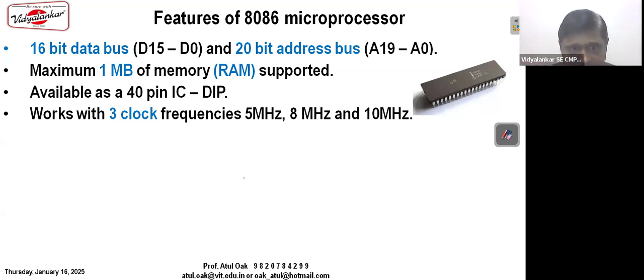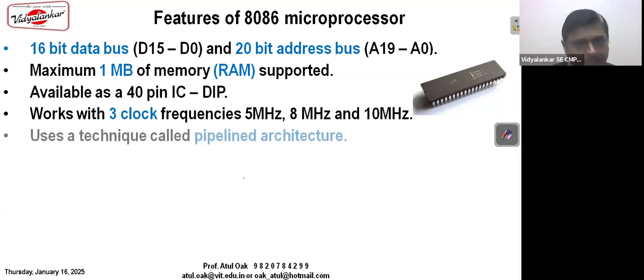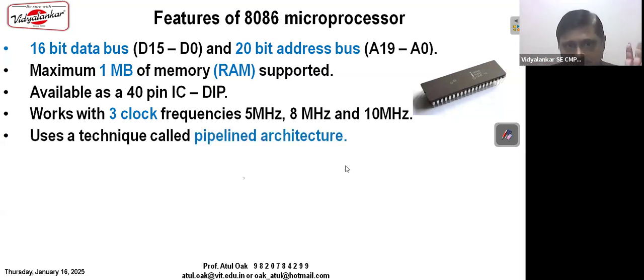But 8086 microprocessor works with 3 clock frequencies: 5 megahertz, 8 megahertz, and 10 megahertz. Okay, simple to remember. 5 megahertz, 8 megahertz, and 10 megahertz are the clock frequencies supported. This is a processor which uses a technique called pipelined architecture, which we will be going into immediately now.